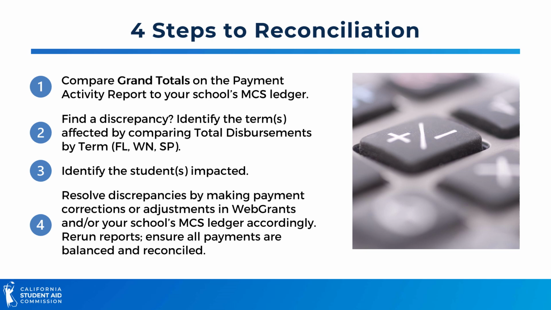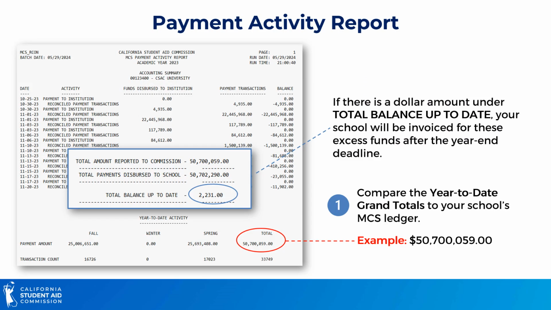Third, narrow it down even further by identifying which students are impacted using the Student Reconciliation Report from web grants. And fourth, resolve any discrepancies by making payment corrections or adjustments in web grants and/or your school's financial aid management system. Let's take a closer look at each step in greater detail.